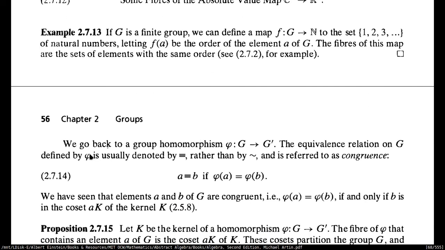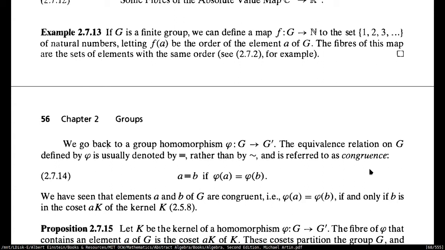Okay, so let's now think of, right, we saw that if you have a map, you can have an equivalence relation from this map. But if the map is a group homomorphism, going from one group to another, the equivalence relation on G would be denoted by congruence rather than this tilde sign, right?